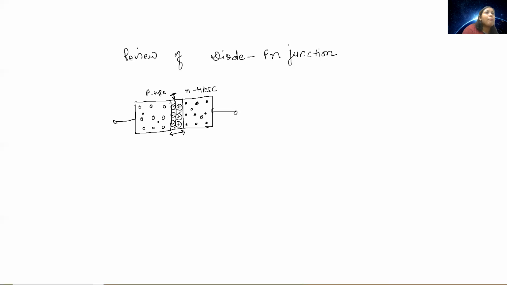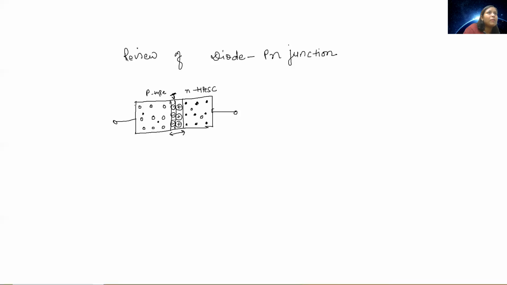Since they have opposite polarities, they attract each other and they remain within their boundaries. They are not able to cross the boundaries because of their heavy weights, because of the huge amount of energy required for them to move from their region. So these ions remain within a layer.